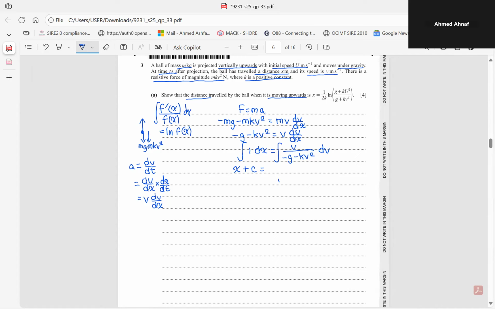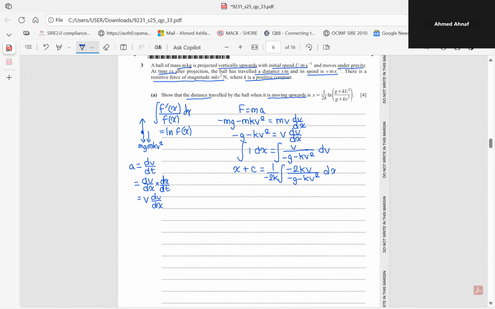So when you differentiate it, you will get minus 2kv. So this is now in the form of f prime x over fx. And to make this into the original form, we're going to multiply this by 1 over minus 2k.